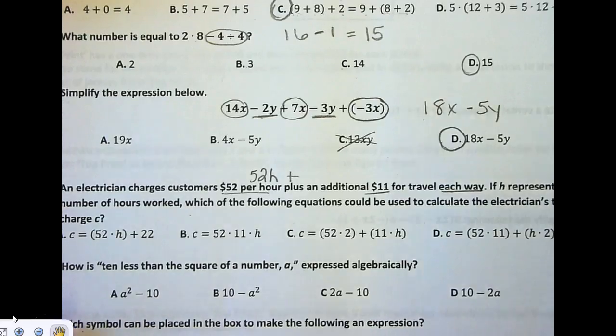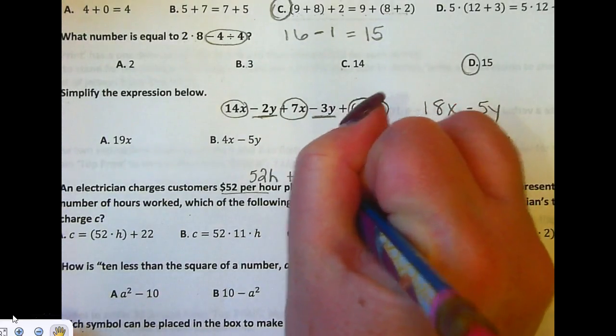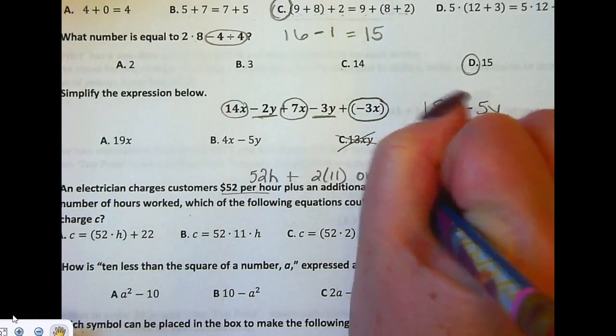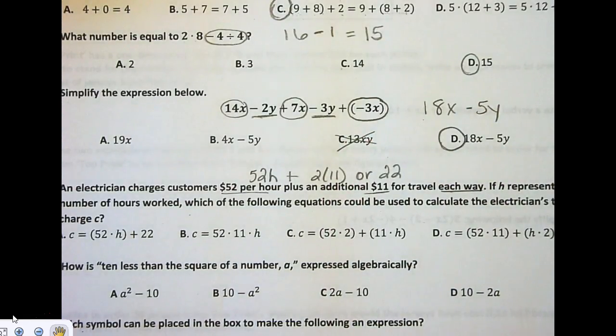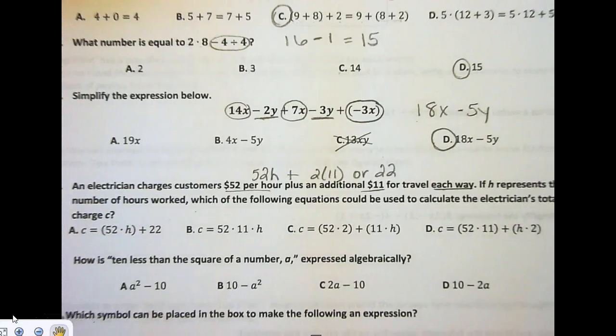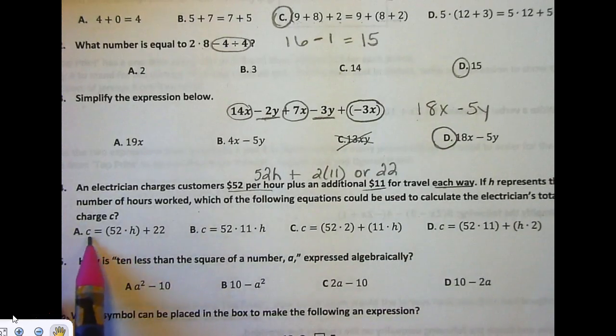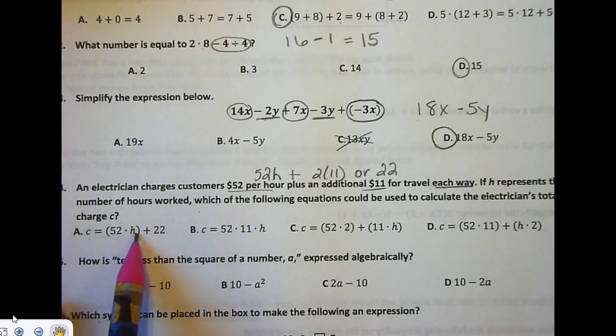So I could say that's 2 times 11, or it might be represented as $22. It's one of those two. Do you see how I worked through that before I even looked at the answer choices? So let's look. This says the total charge is going to be $52 times the number of hours plus $22. Does that feel like that one could be correct? Yeah.